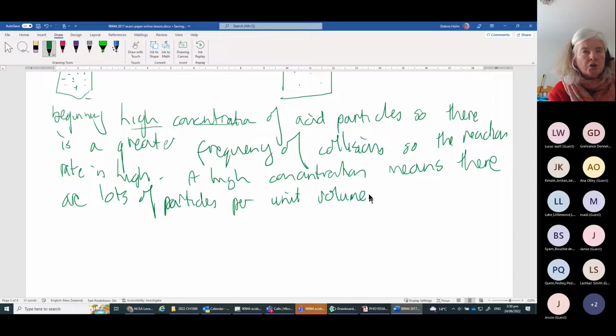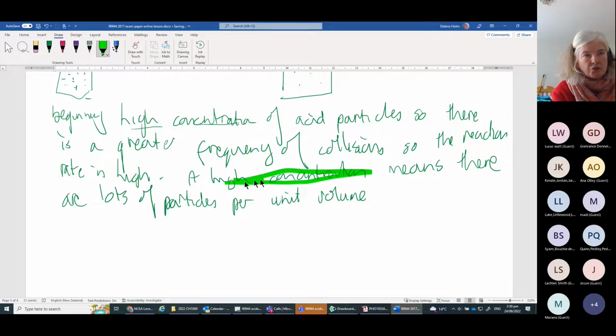So whenever you're explaining rates, always give the definition of what you're talking about. In this case, because it's about concentration, we've got the high concentration in the beginning. You should always define what you mean by concentration, the number of particles per unit area, and then explain what it's about. So because I've got a high concentration, I've got a greater frequency of collisions.